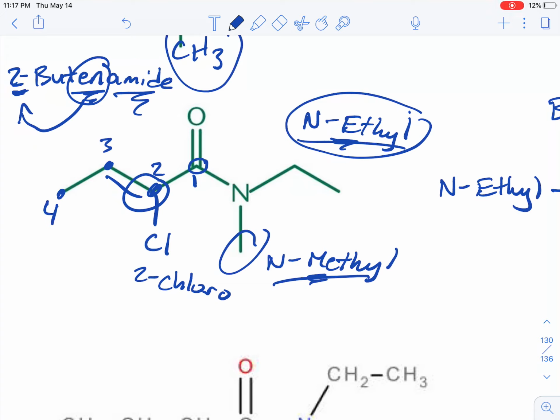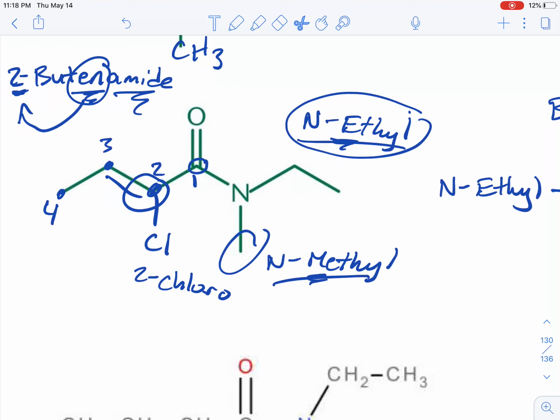In other words, you don't have to split amide and then put a 1 in the middle. So please don't do that, because the carbonyl carbon on the amide is always carbon number 1.